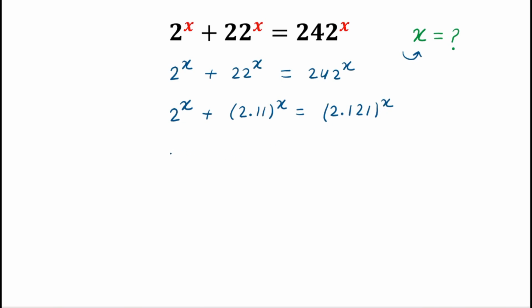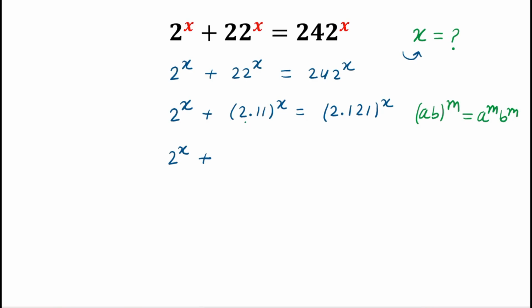Now 2^x plus, look carefully at this term. Here we will apply the base and exponent rule: (a × b)^m = a^m × b^m. According to this rule, here the base is a times b and the power is m, so we can write this expression as a^m times b^m.